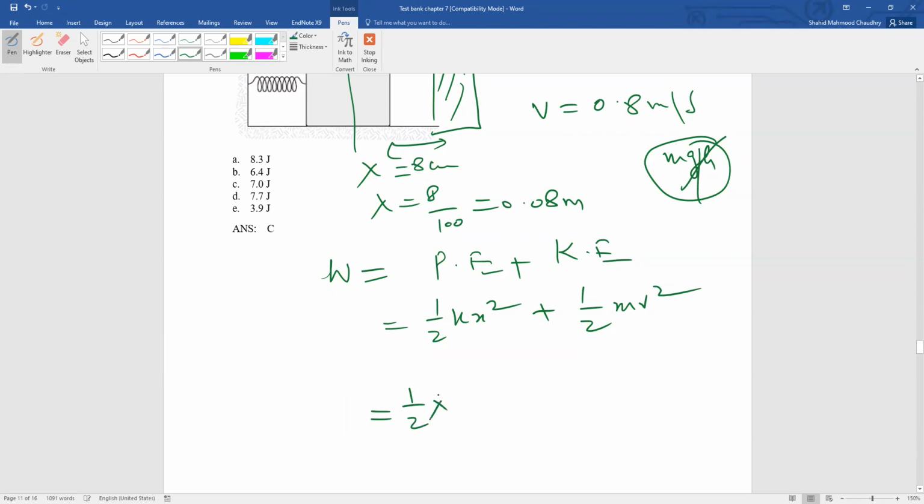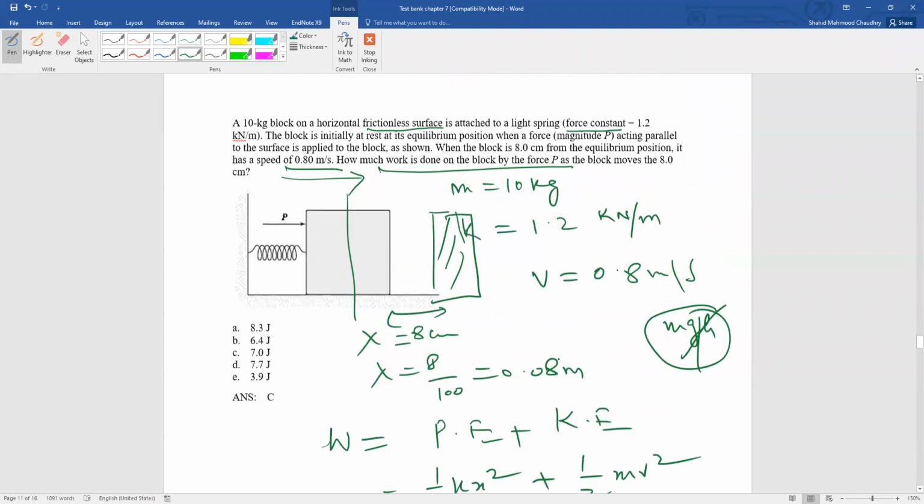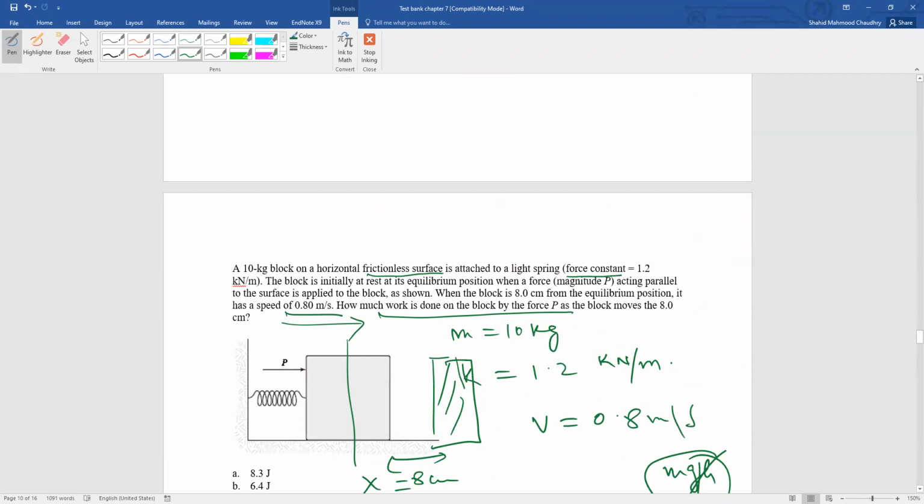1 over 2 into k. K is 1.2 into x. This K is not 1.2, it is kilonewton, so you will convert it into 10 raised to power 3, and this is now Newton per meter.